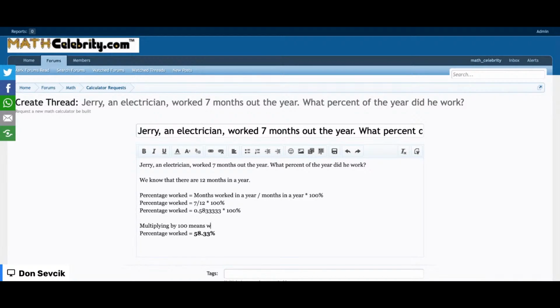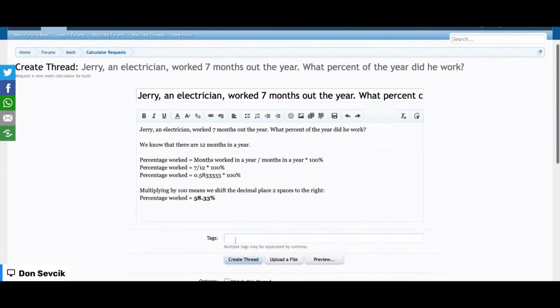Multiplying by 100 means we shift the decimal place 2 spaces to the right. So we move this here to here, we get our percentage. Fractions, converted a fraction to a percentage.